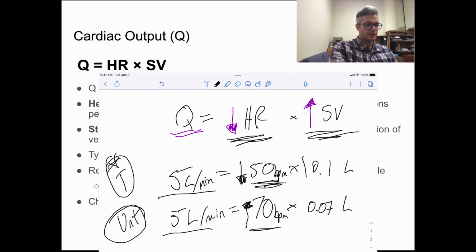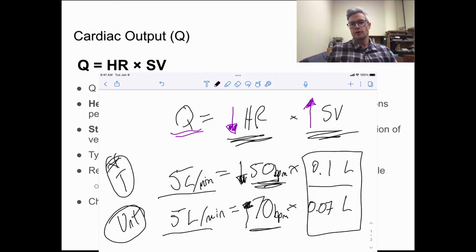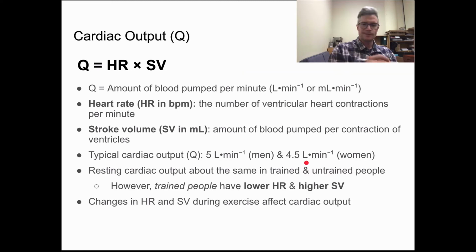All it comes down to is the amount of stroke volume that each heart contraction will put out. Hopefully that helped illustrate that concept, and it's also a good way to show how equations can show us relationships between different variables.